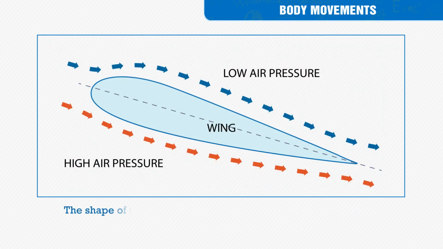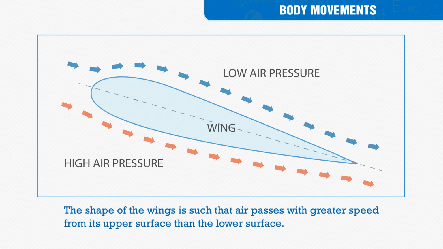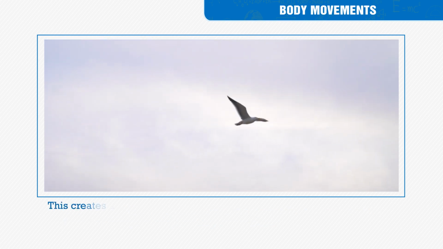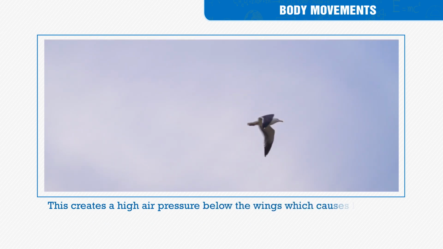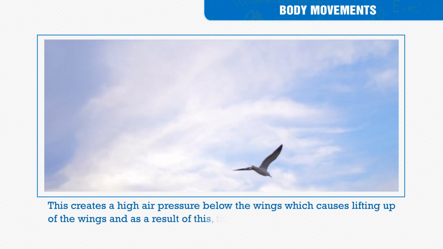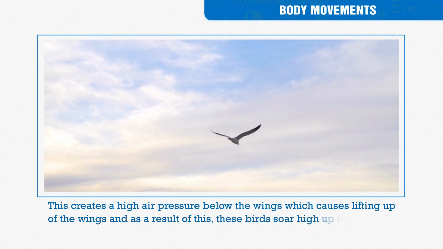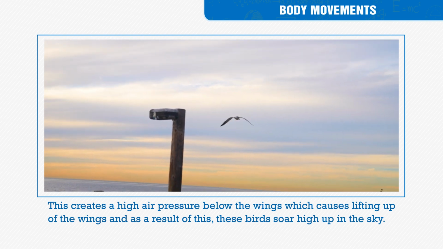The shape of the wings is such that air passes with greater speed over its upper surface than the lower surface. This creates a high air pressure below the wings, which causes lifting up of the wings, and as a result of this, these birds soar high up in the sky.